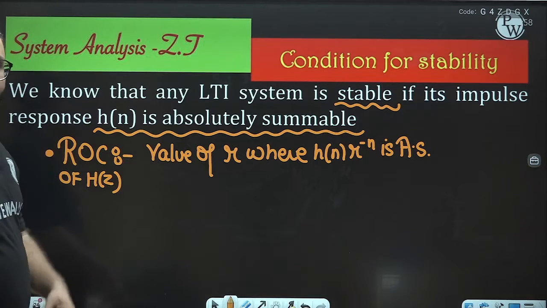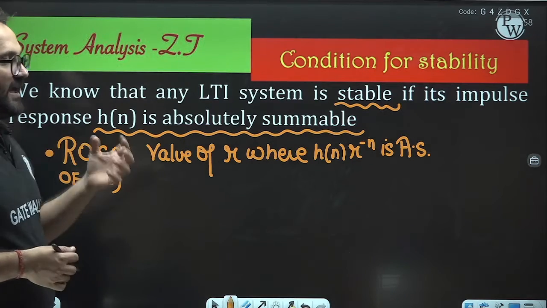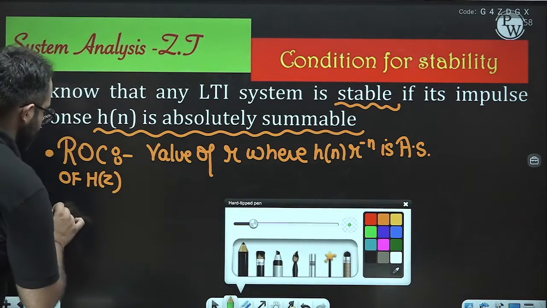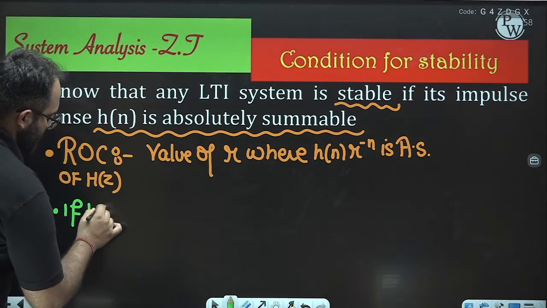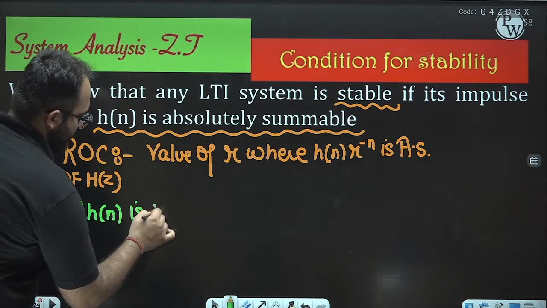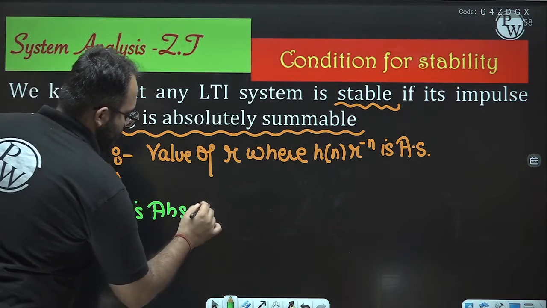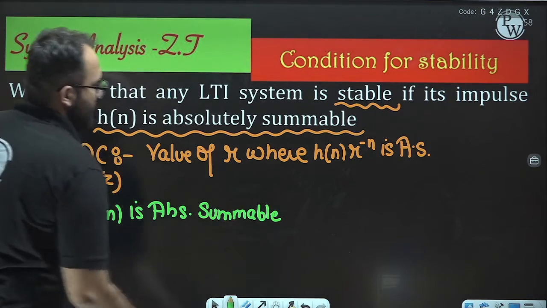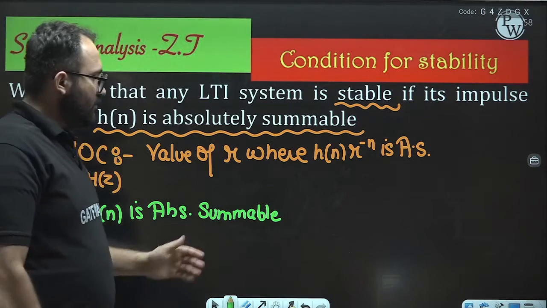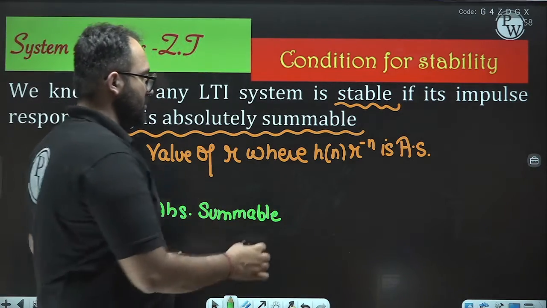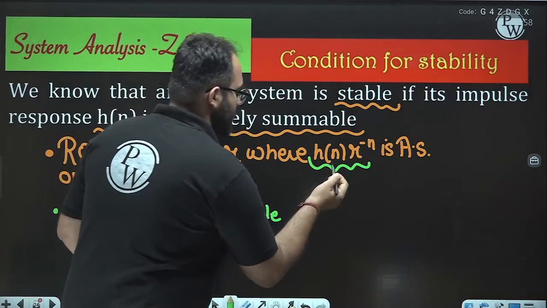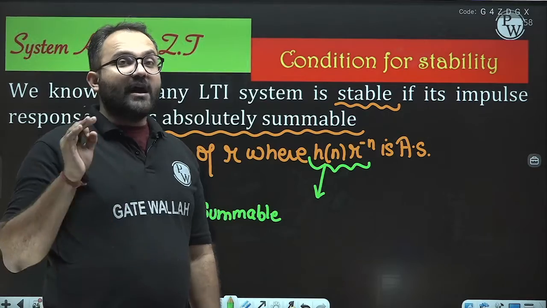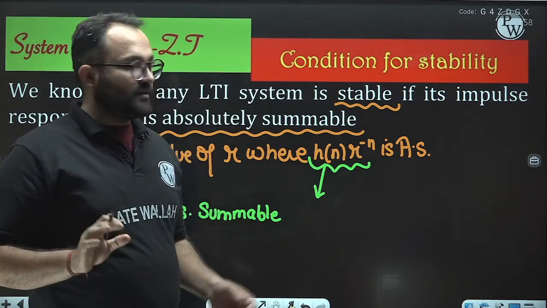Now, if we say that h[n] is absolutely summable, then using this condition we can say that r equal to 1 is in the ROC, right?